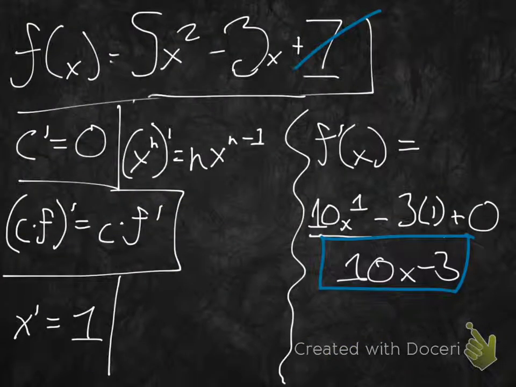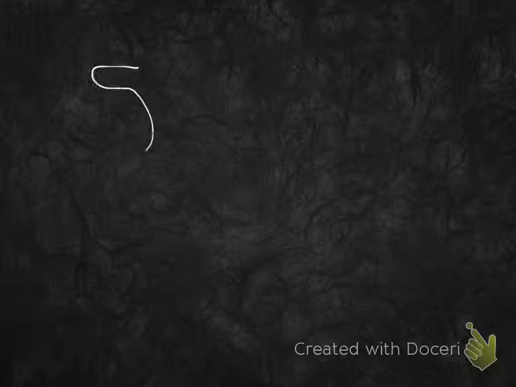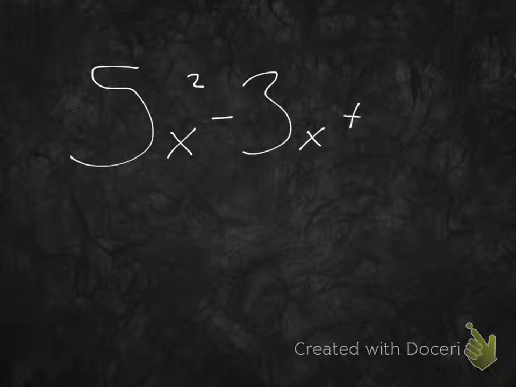Or we can come up with the exact same answer and not even have to rely on the limit at all. Here's how I would look at this function if I understood my rules relatively well and didn't have to write them down. I've got 5x squared minus 3x plus 7.